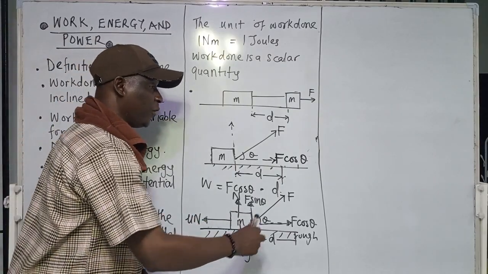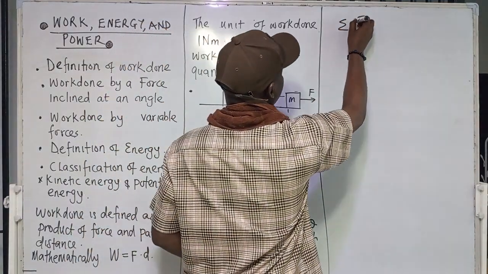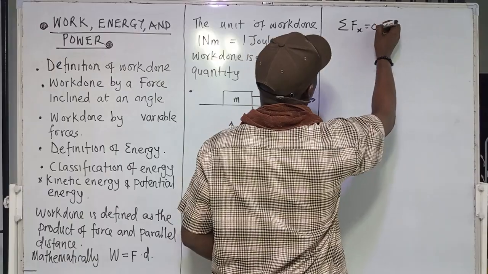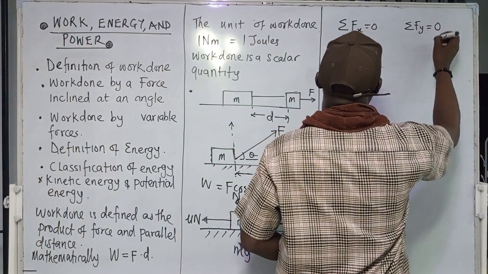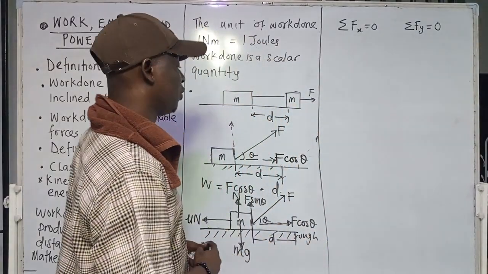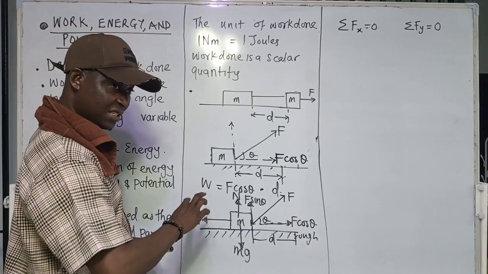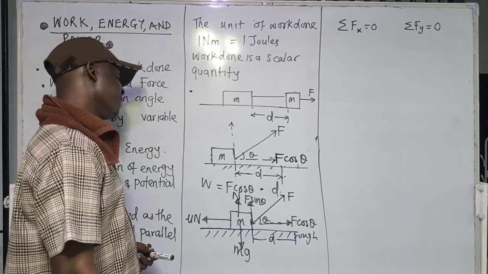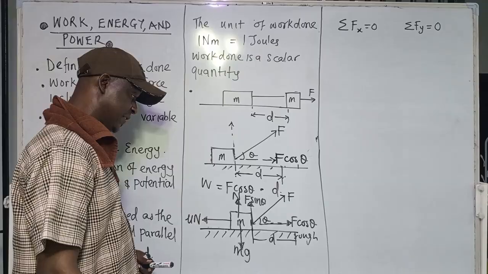If you are moving at uniform velocity, don't forget that summation Fx is 0 and summation Fy along the vertical is 0, because it is moving with a uniform velocity covering a distance of d.